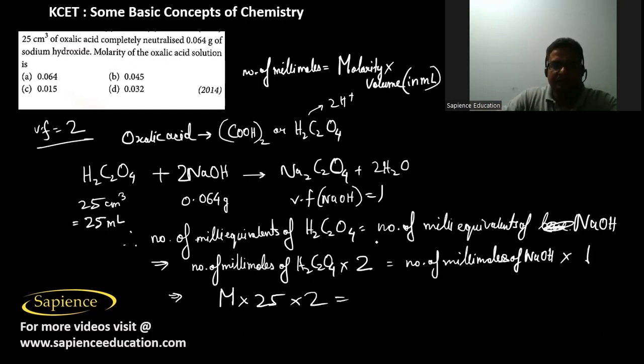The number of millimoles is also equal to the number of moles into 1000, since 1000 millimole is equal to 1 mole. So the number of millimoles of NaOH is equal to the given mass divided by molar mass of NaOH.